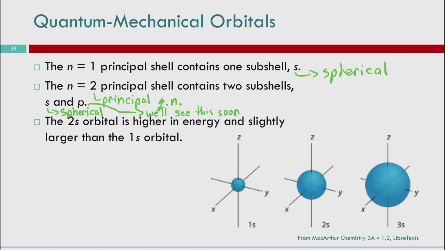So we're repeating that same s shape. It's just that now that we've bumped up to our energy level 2, it's bigger than our 1s. So it exists in a larger form. Our 3s is even larger. Our 4s, you guessed it, is even larger than our 3s.